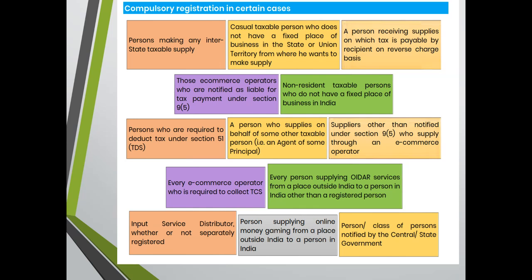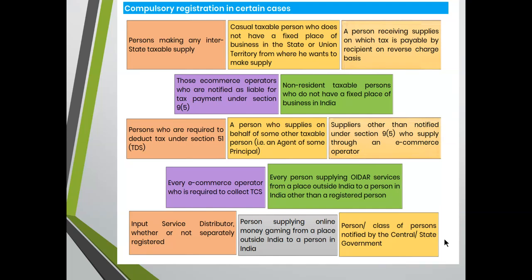Then online information, data access and retrieval services, various Google Drive sort of online storage mechanisms are there, and those persons also would be required to get registration. Input service distributor, and if you are giving online money gaming, and any other such persons would be required to get registration, even though your turnover is less than the limit.